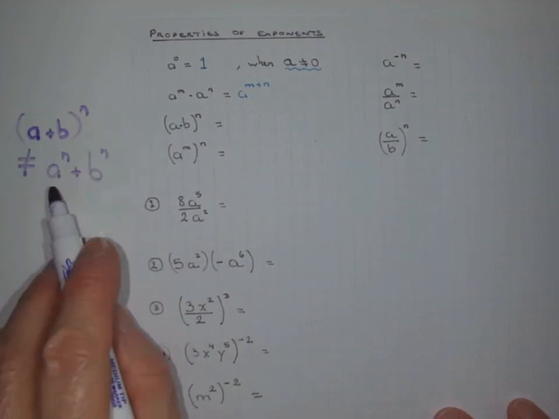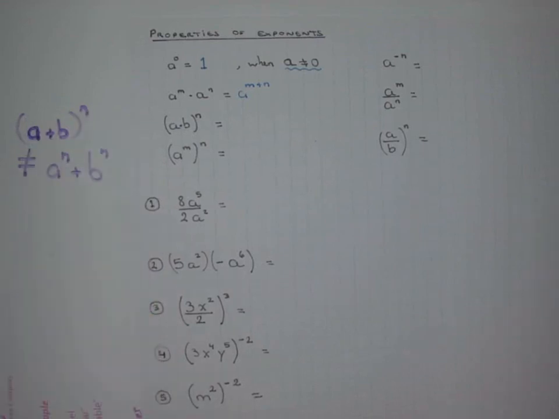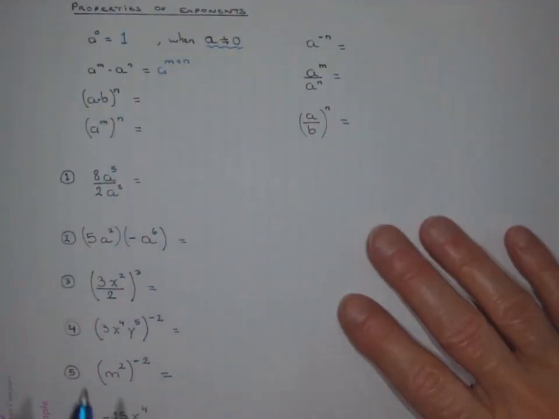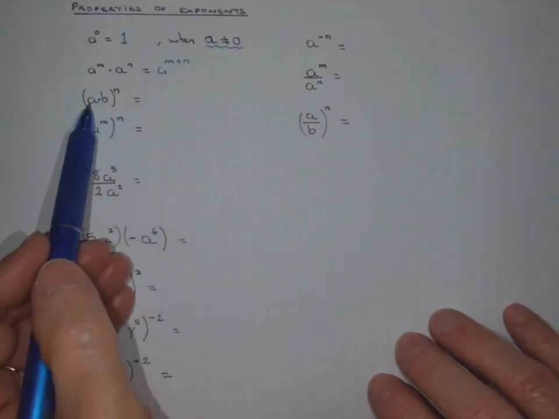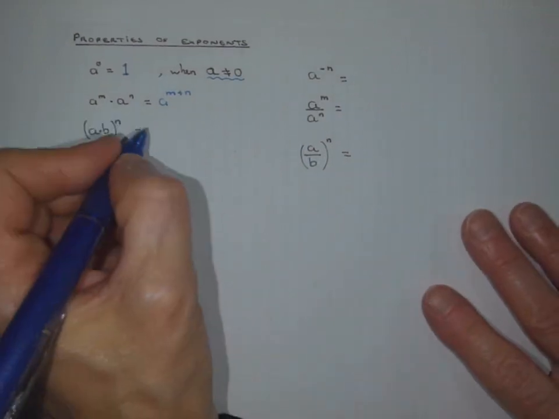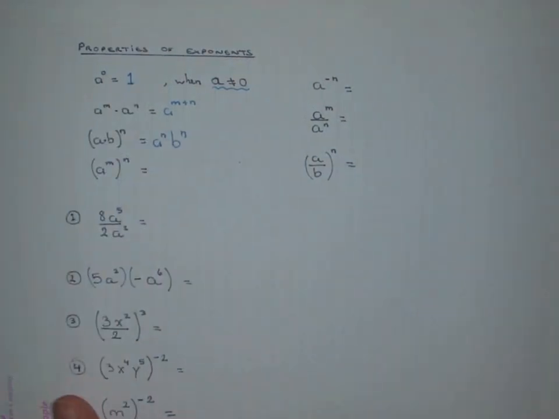That would not be true, right? So we cannot distribute an exponent over a plus or a minus. But when the two bases here are multiplied, then we can actually distribute that exponent. And so that would be A to the n, B to the n.